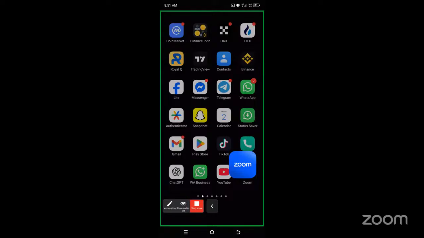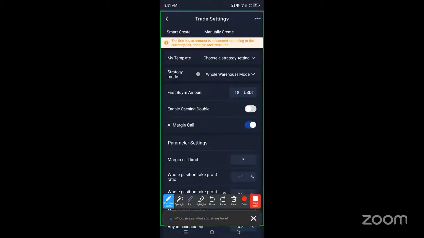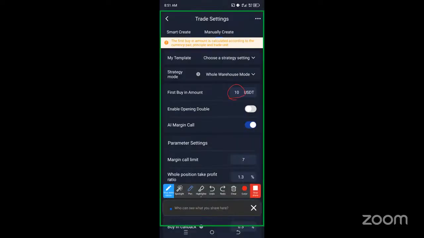What if someone decides to use $10 and he has $100 as a capital, and the first buying amount he decides to use is $10? He remains with $90 because he has used $10.